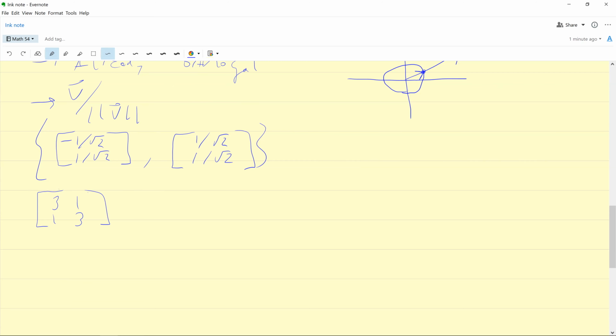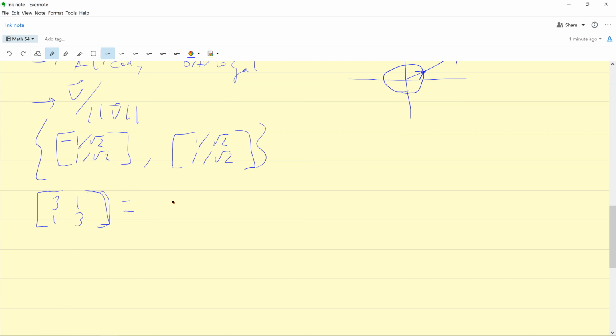If we're trying to diagonalize this, what types of matrices are we looking for? Well, for this one, would it be a 2 by 1? A 2 by 1 matrix? I don't know what you mean by what kind of matrix.